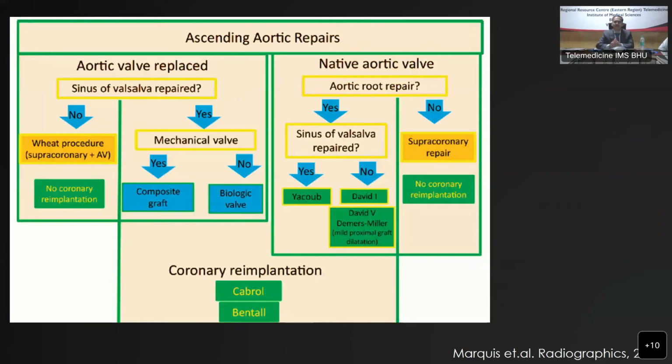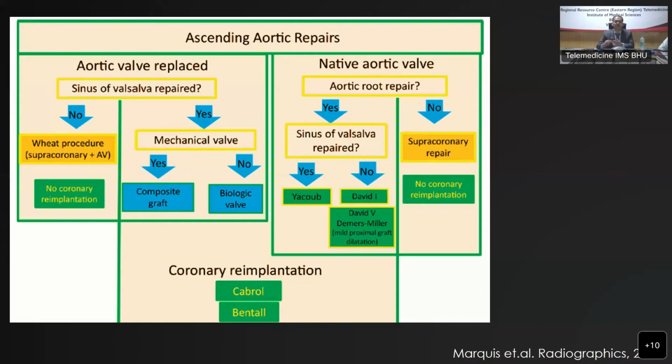If the aortic valve is not replaced, then it is simply called a VEET procedure, where the supracoronary aorta is replaced. When you're talking about native aortic valve, we ask whether the aortic root is repaired or not. If it is repaired, then is the sinus of Valsalva repaired? If yes, then it is called the Yacoub procedure. If it is not repaired, then it is called the David or David-Demis-Miller procedure.